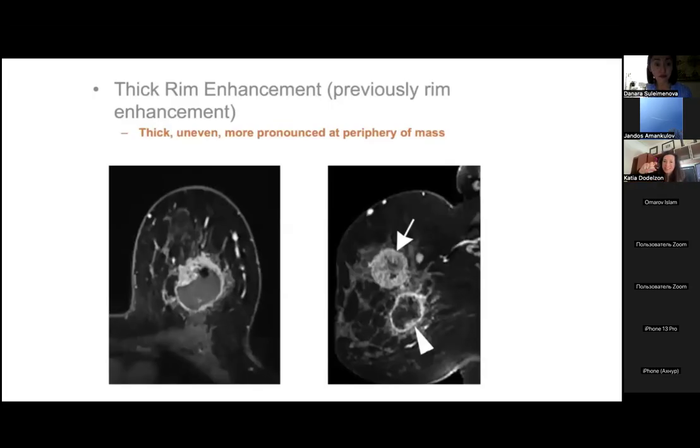But when you start seeing thick or irregular rim, you start worrying about malignancy, either residual, if it's a seroma, or new right here. The reason rim enhancement is most suspicious is that it usually indicates central necrosis and a mass that's growing so quickly that it's outgrowing its vascular supply and only peripherally enhancing.